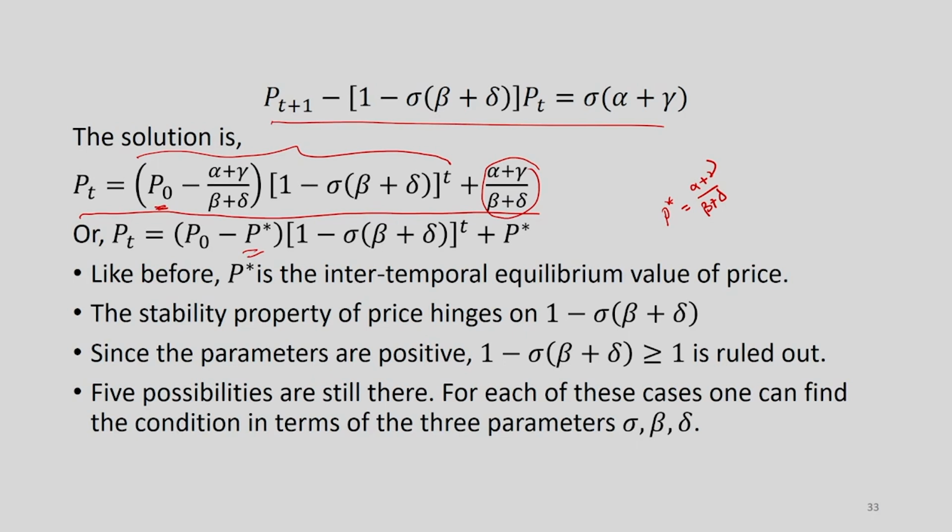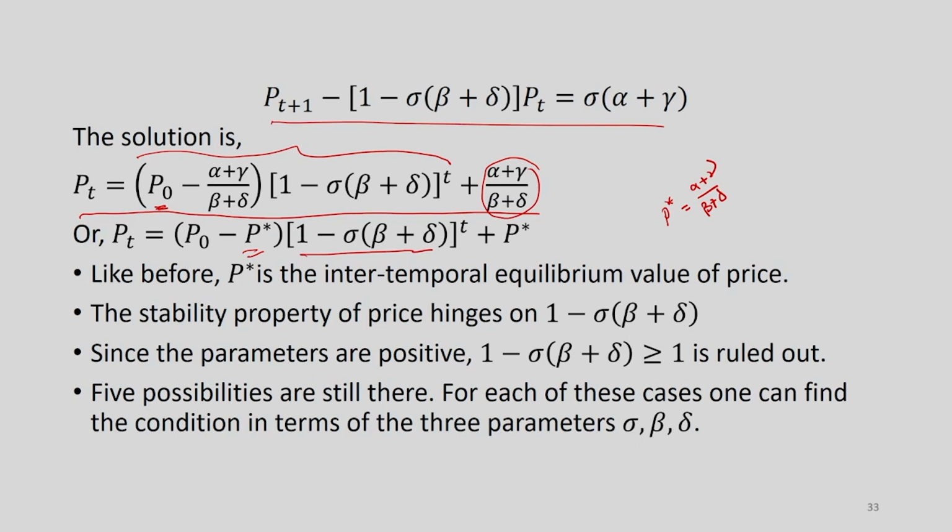As we know that in this solution, the stability of the equilibrium depends on this term, the B term, which is 1 minus sigma multiplied by beta plus delta. Now, as we know, it can take 7 possible different values or ranges of values.